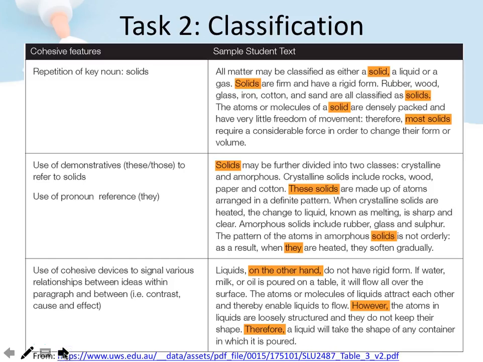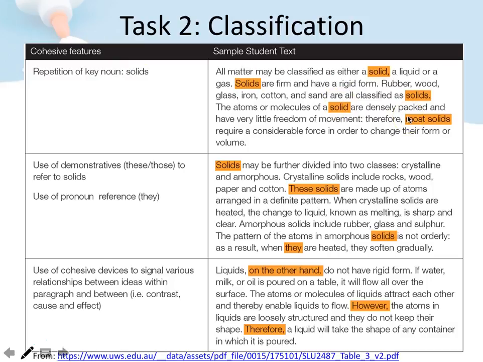So what are the other ways that we can promote cohesion? There are some ways such as repetition. So in this sample text, the key noun, the main focus of this topic is solids, right? And so the word solid has been used again and again.